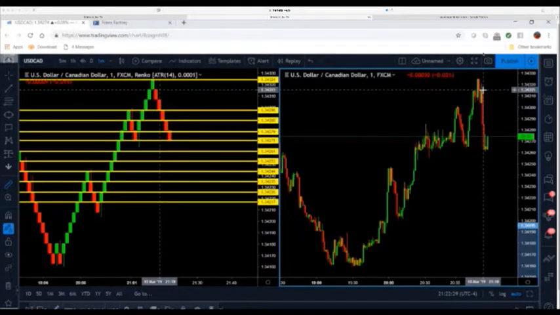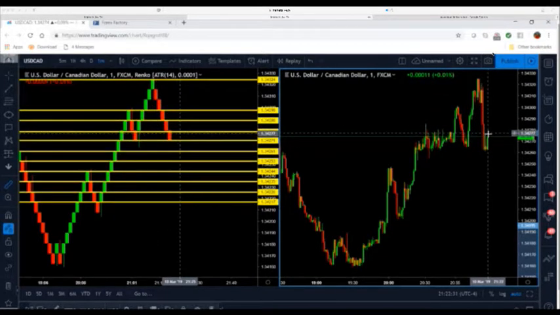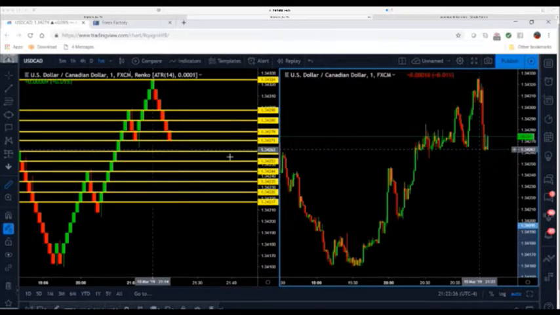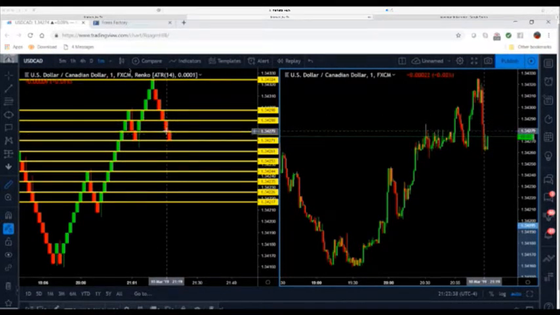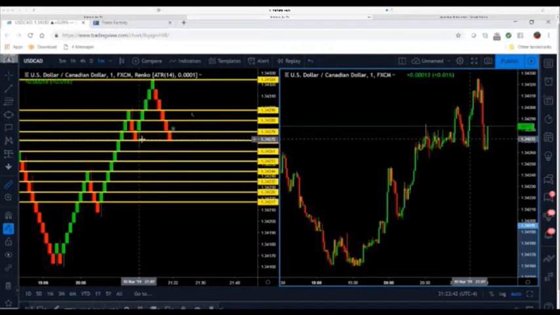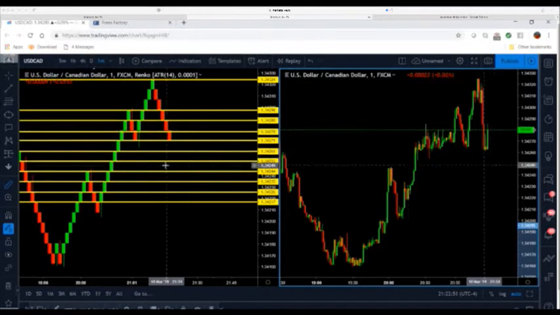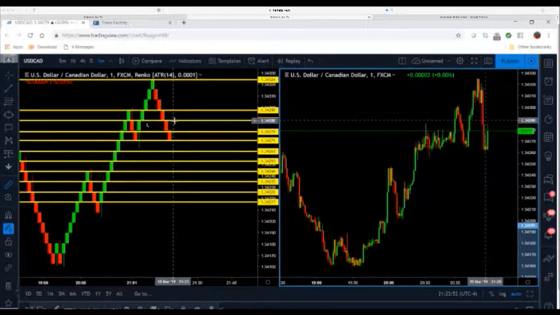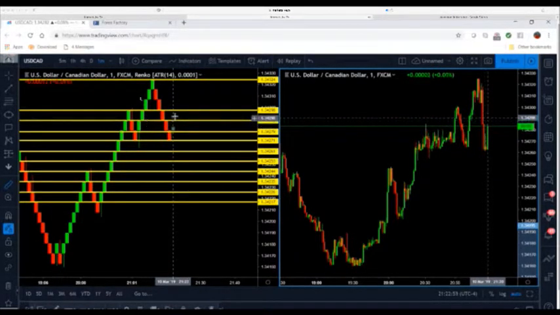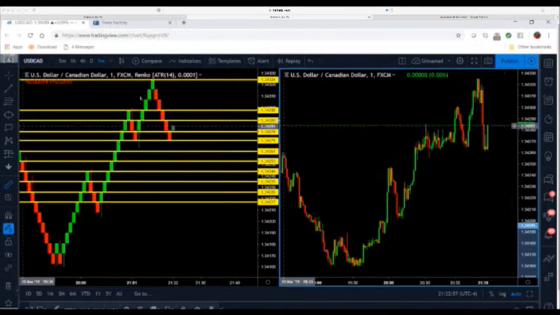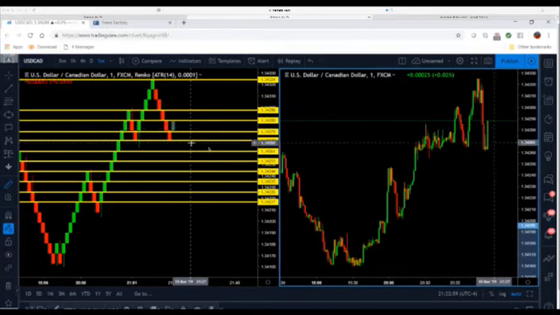One was 3, the next one was 2, the next one after that was 1.2. Renkos does not care. All it cares about is price movement as long as it gets to that next target. So if this is going to come back up, it has to get back up to 134,289. You see how this is coming back up? Then the next level, 134,298, and so on and so forth.